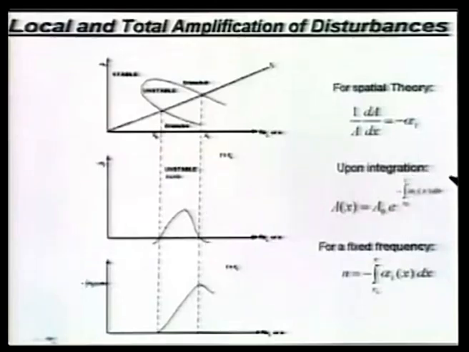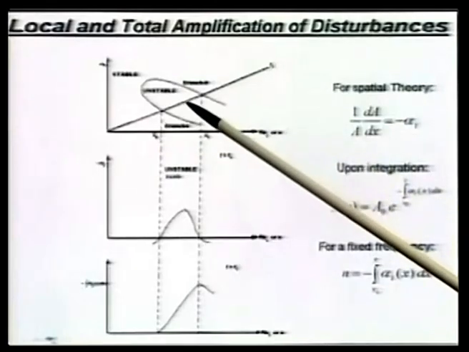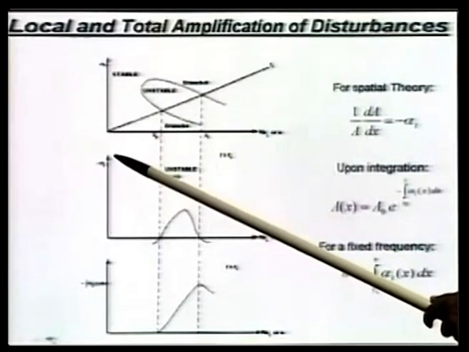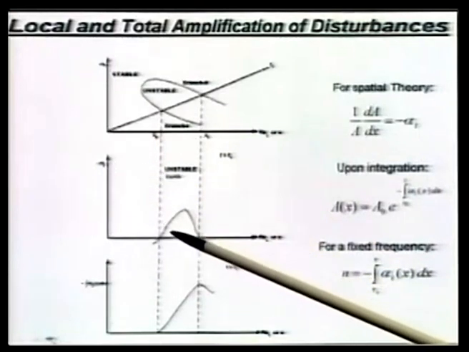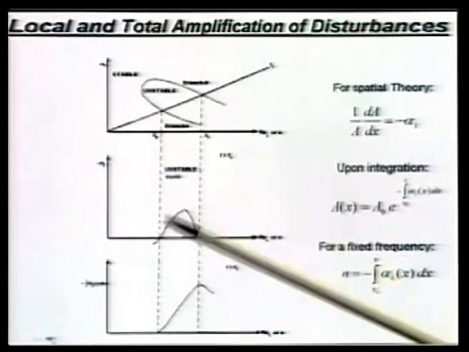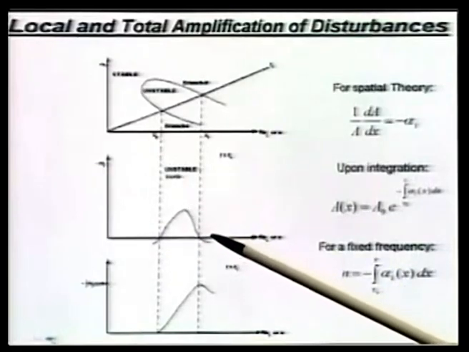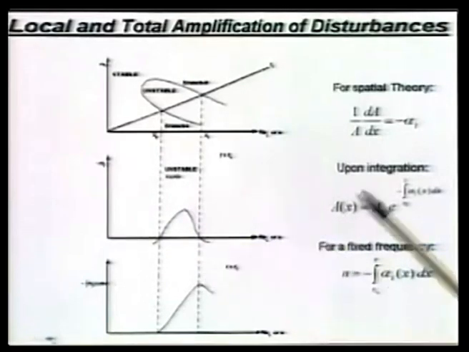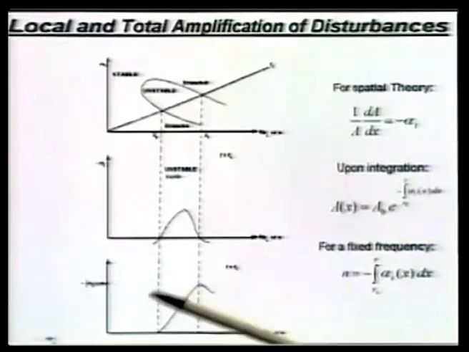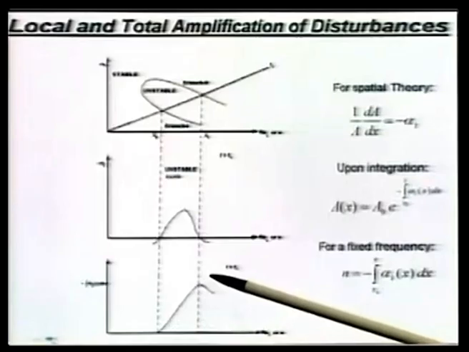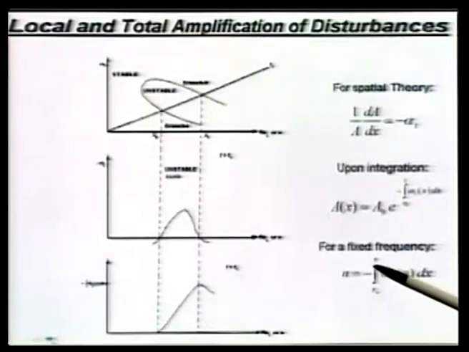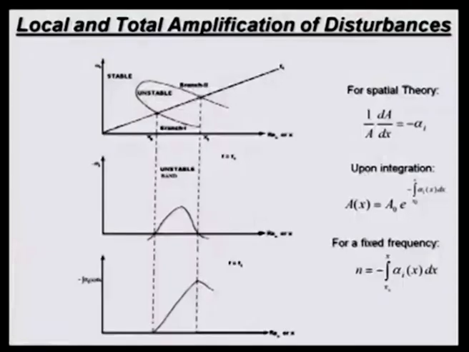So, for this flow we can plot minus alpha I, that is the quantity of interest, and within the unstable band you would see that they will be amplified. And if I now perform that integral that is given in the exponent, alpha I dx, then we are going to see that amplitude is going to grow, and this is what we call the N factor for that particular fixed frequency.